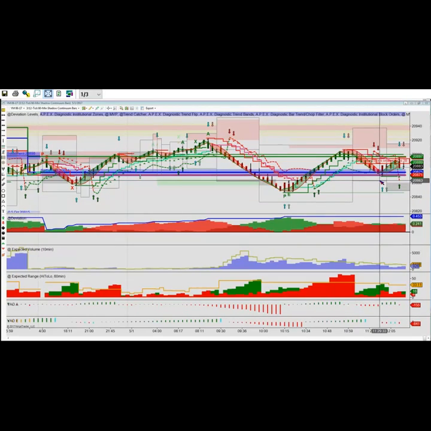If it breaks that price, the market's going to move pretty fast. Does that make sense why it would move fast? Because there's a lot of sell orders there. Does that make sense?